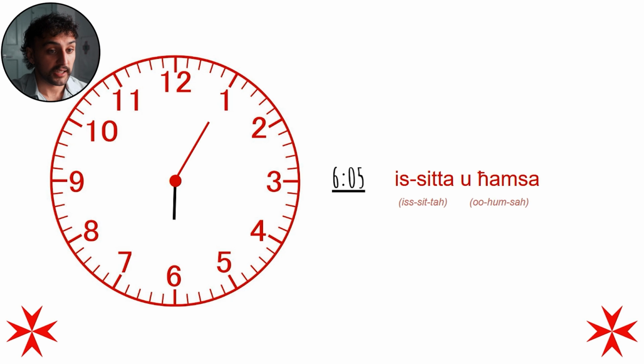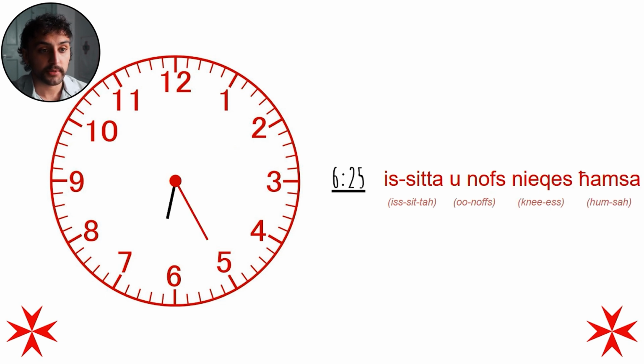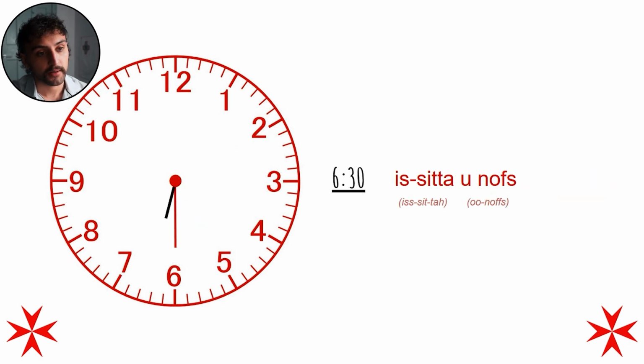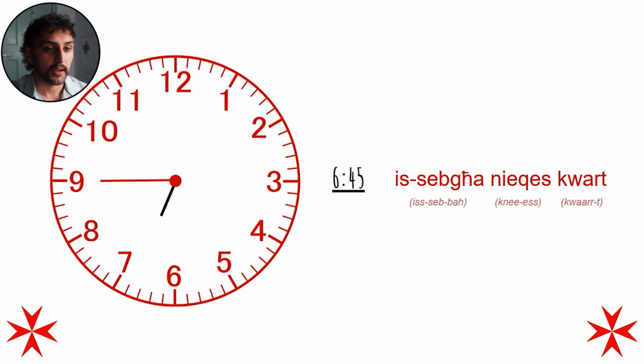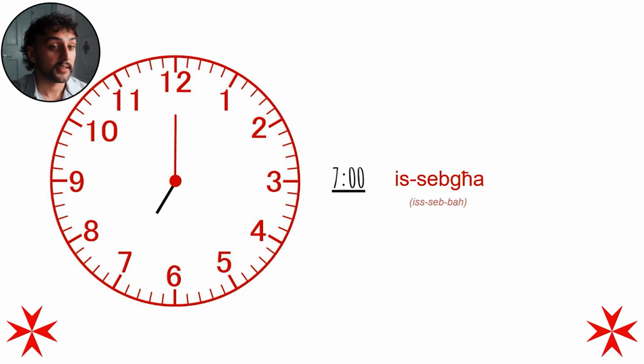Then isitta u hamsa, isitta u ashra, isitta u quart, isitta u oshrin, isitta u nofs ni es hamsa, isitta u nofs, isitta u nofs u hamsa, isseba ni es oshrin, isseba ni es quart, isseba ni es ashra, isseba ni es hamsa, and isseba. So as you can see, 6 o'clock is exactly the same as 2 o'clock and 8 o'clock. And it's exactly like this for all of the numbers on the clock face.